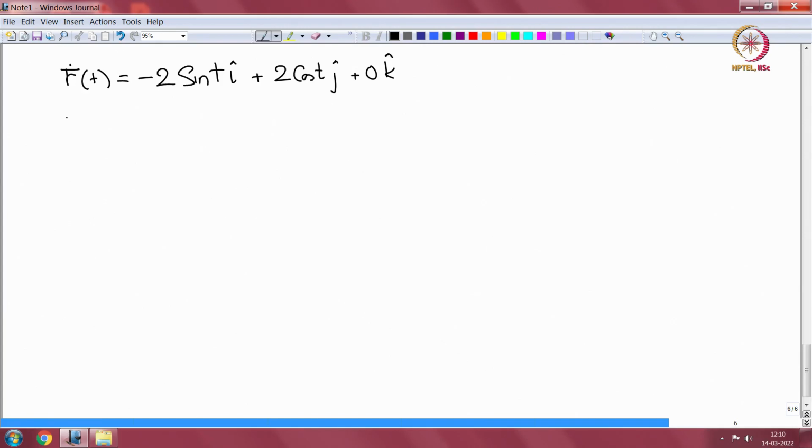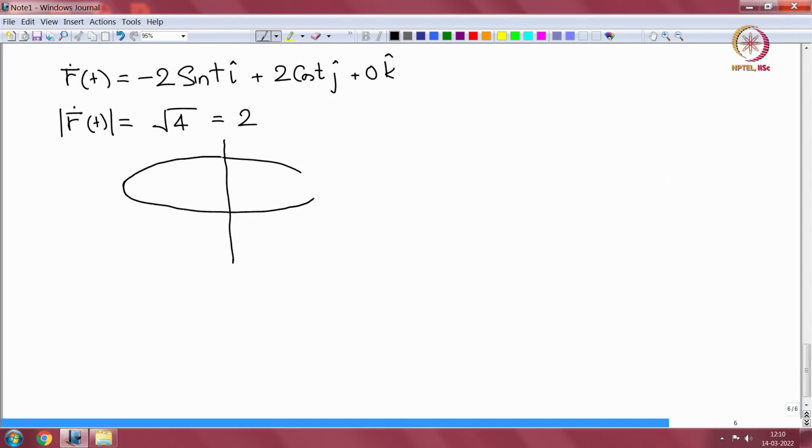And what is the magnitude? The magnitude of r dot is root over 4, which is 2. So what I have here is a circle with a radius 2.